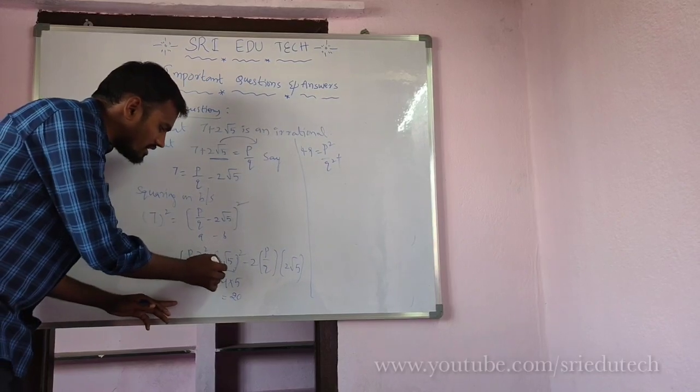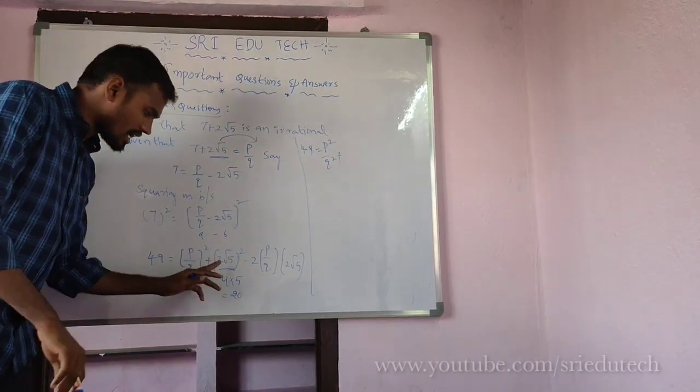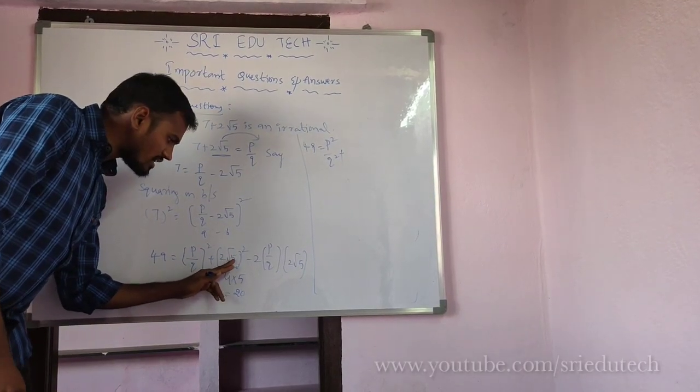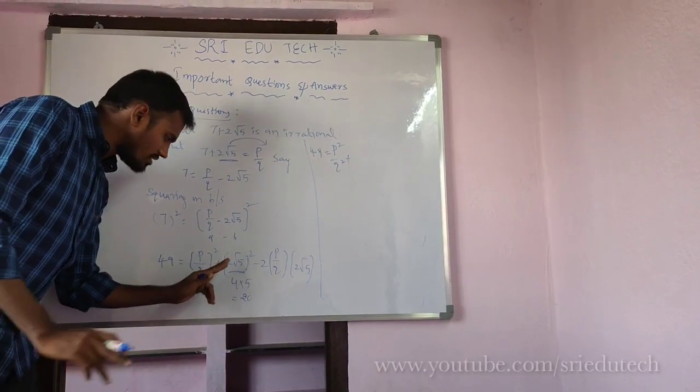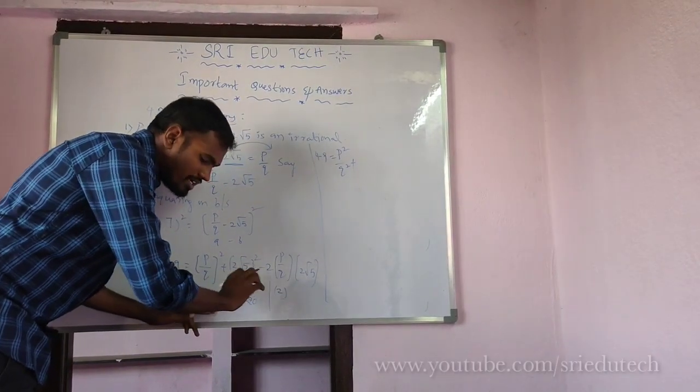This is only important in this problem. This step is very important. I am saying again, listen carefully. 2 is one number, root 5 is another number. Then do the square separately.